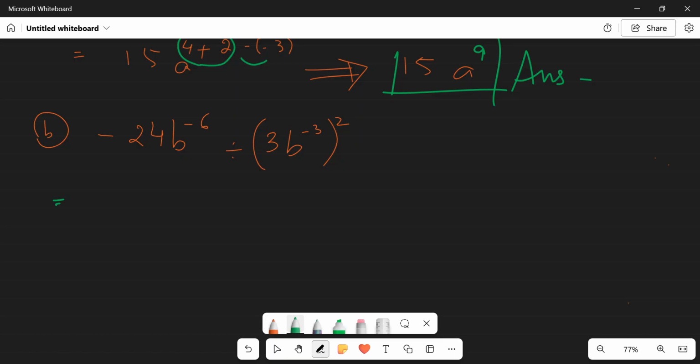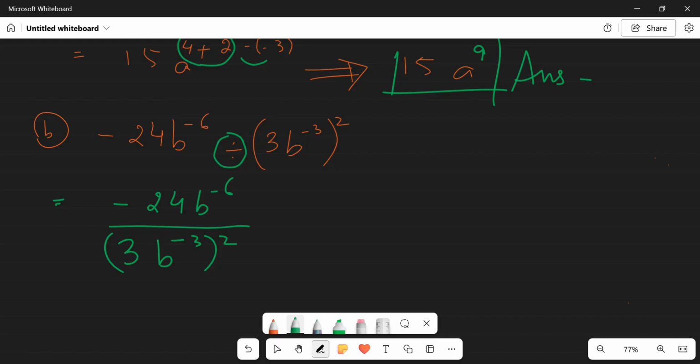So, minus 24 b to the power minus 6, and this division sign I convert into a fraction. I haven't done anything, I only converted this division sign into a fraction.